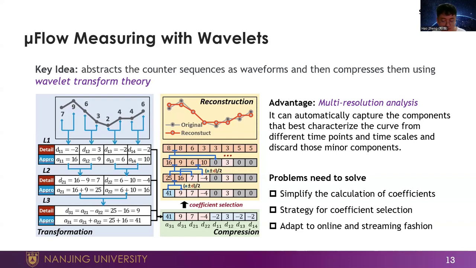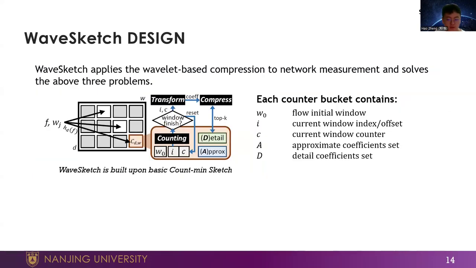The first is that we need to simplify the calculation of coefficients. The second is we need to give a strategy for coefficient selection in the compression stage. The third is that we need to adapt the process to an online and streaming fashion to meet the performance requirements of network measurement. We introduce WaveSketch to solve the above three problems.